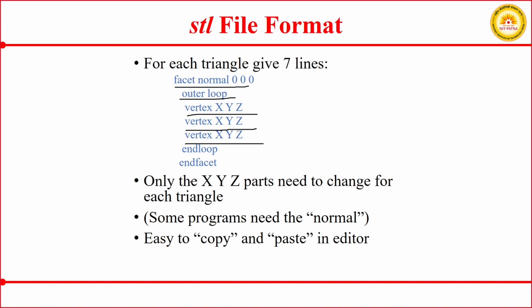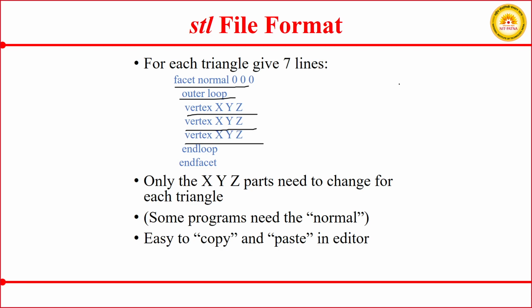Here you only have to give the XYZ part for each triangle, because what we are doing is saving the information, or trying to convert the 3D CAD model into small components of a tetrahedron.